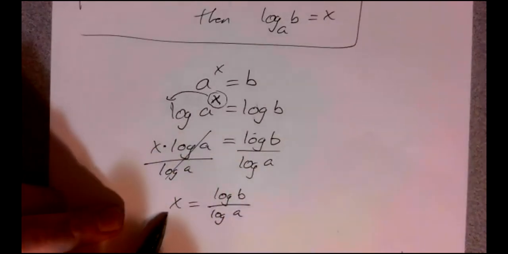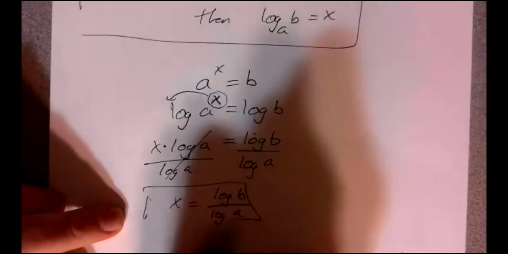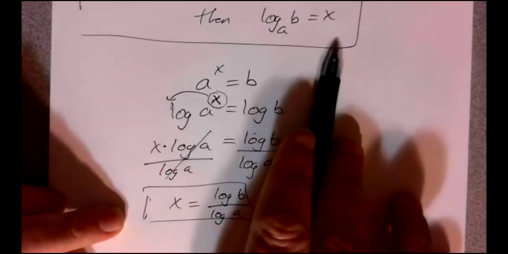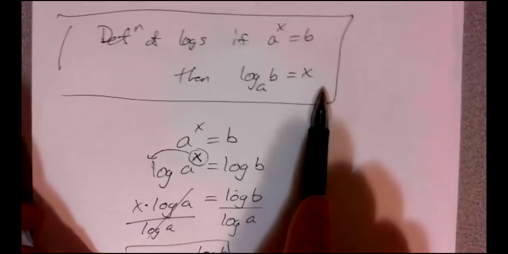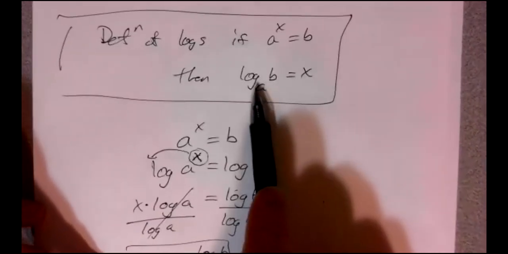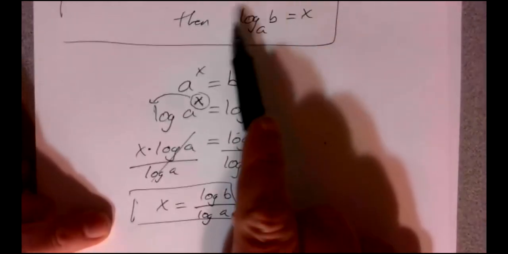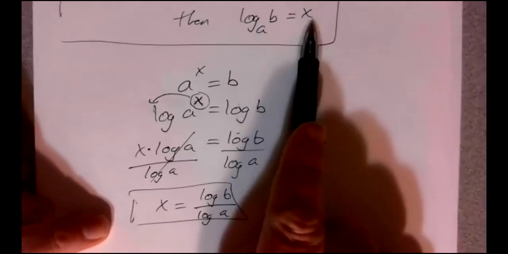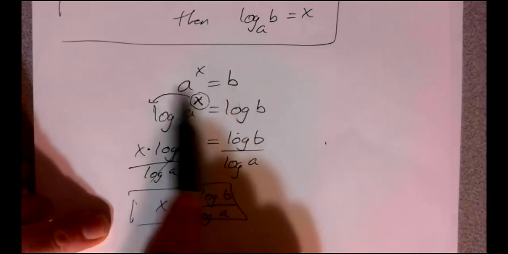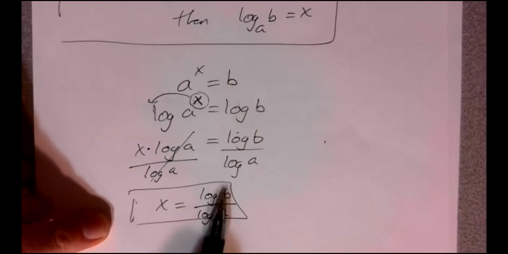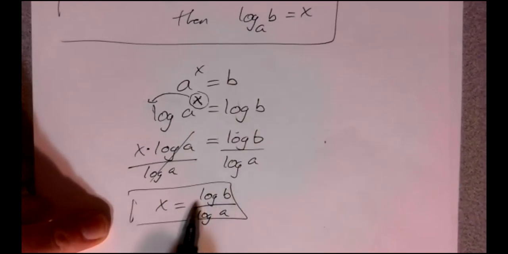So now I have x by itself here, where x equals the log of b divided by the log of a. But sneak back to the original definition of logarithms. The log base a of b equals x, right? So if log base a of b equals x, I'm using the same exponential form to start with, and I get x equals log base 10 of b divided by log base 10 of a.